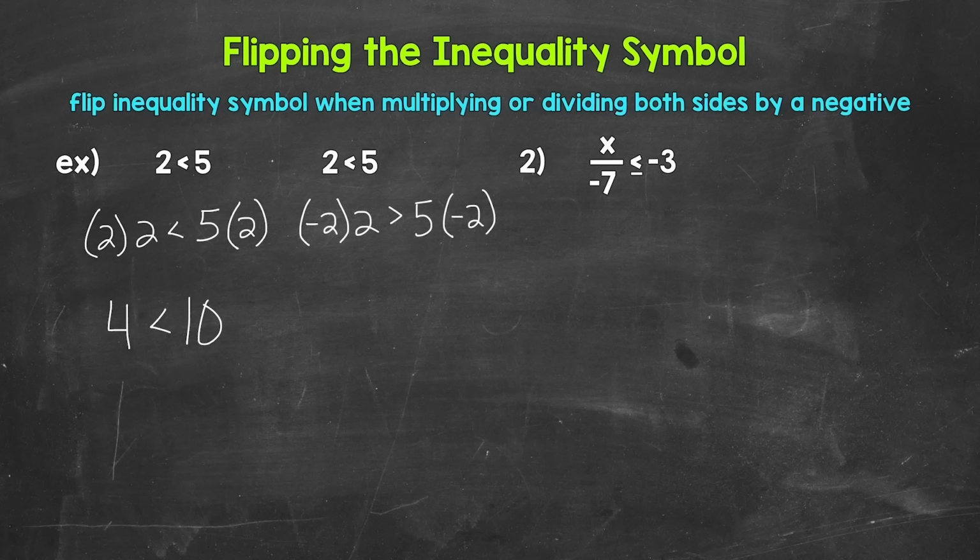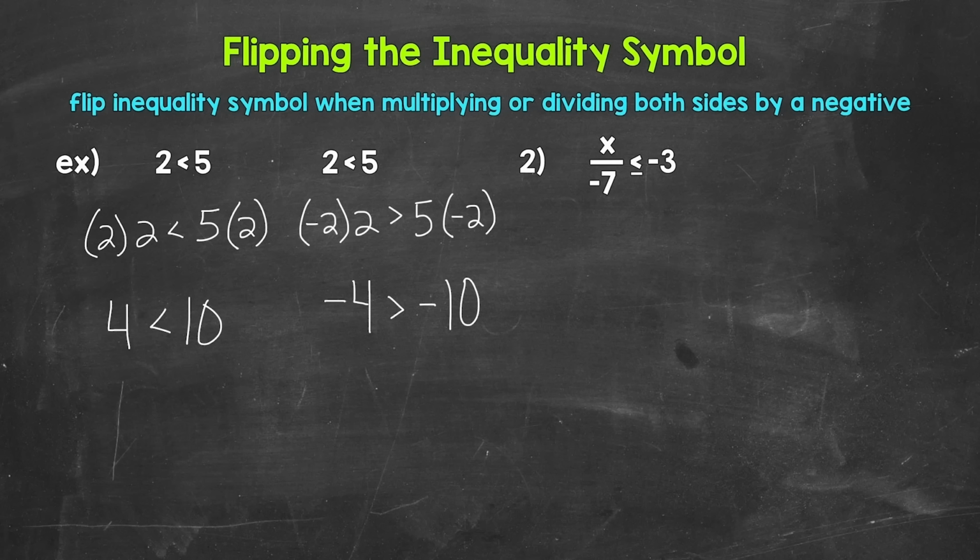As soon as both sides are multiplied or divided by a negative, that inequality symbol flips in order for the inequality to remain true. Because on the left, we are multiplying 2 by negative 2. That gives us negative 4. And negative 4 is greater than, and then on the right, we are multiplying 5 by negative 2.